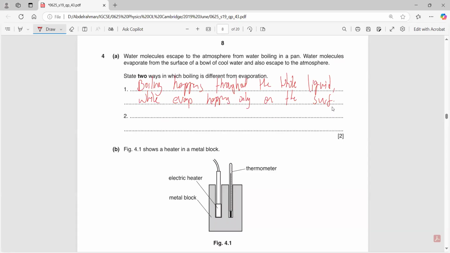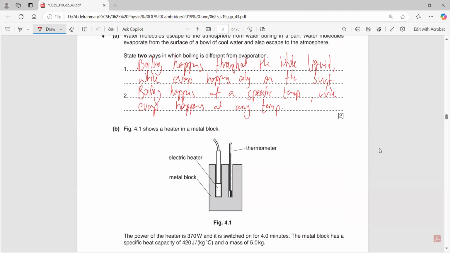Another difference is that boiling happens only at a specific temperature, while evaporation happens at any temperature. Evaporation can definitely happen at any temperature.